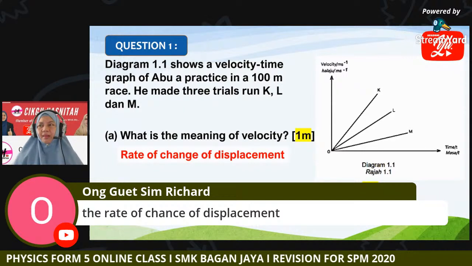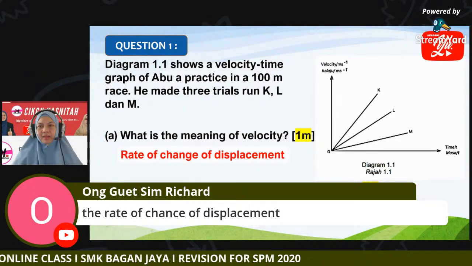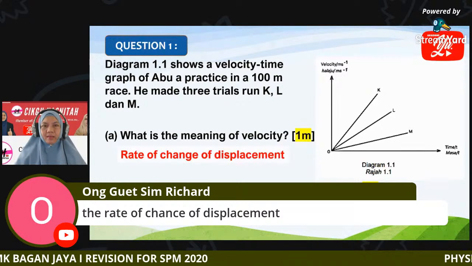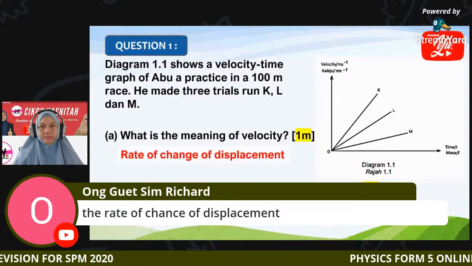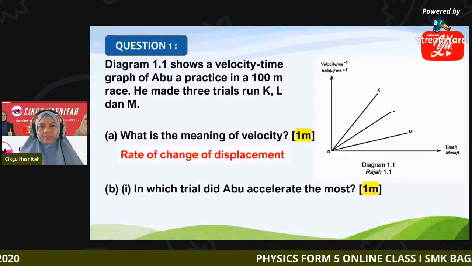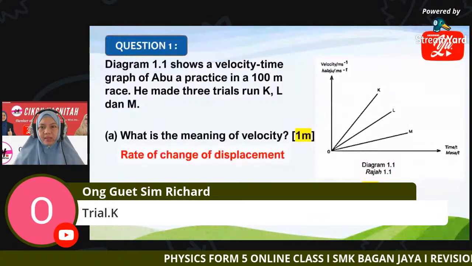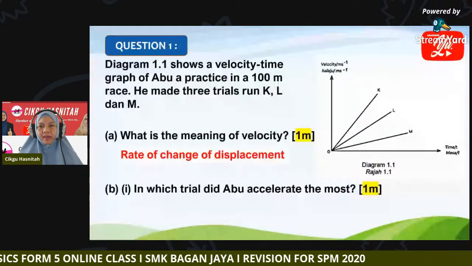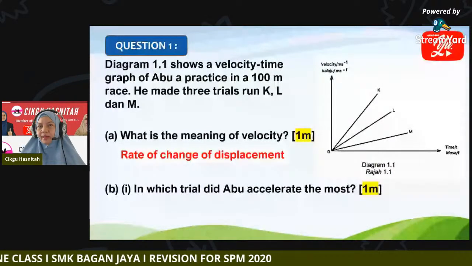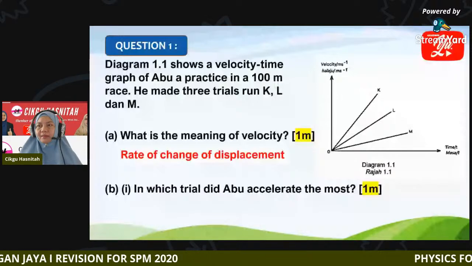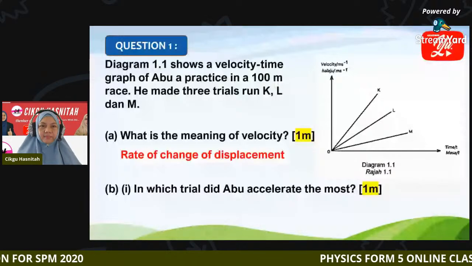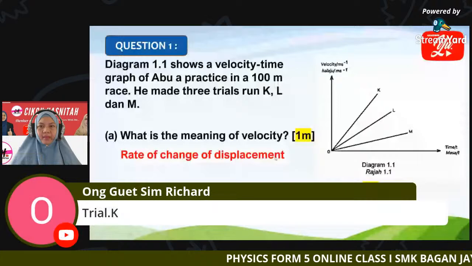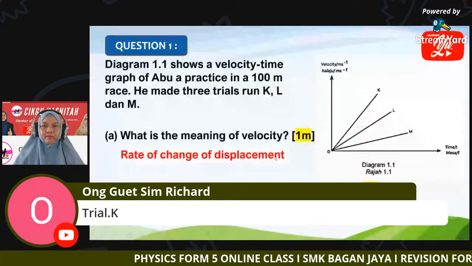Vinci says trial K. Dylan also says K, William says K. Yes, the answer is trial K. Very good.